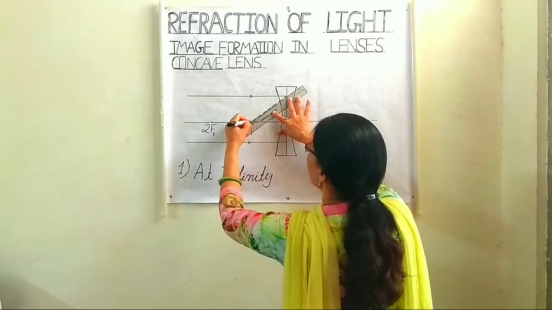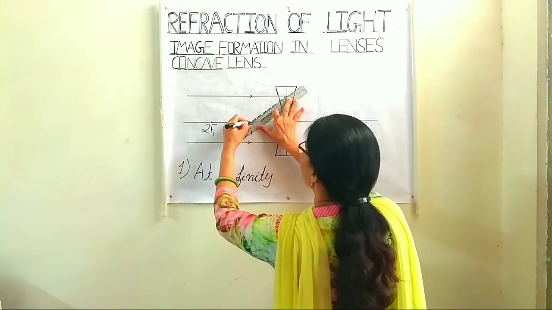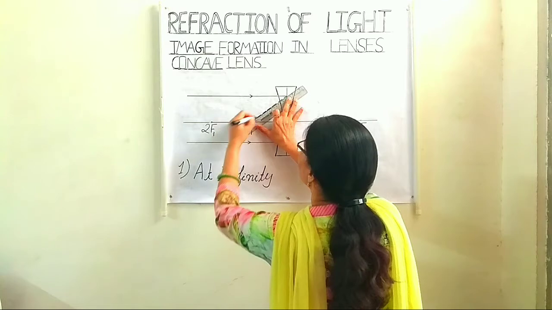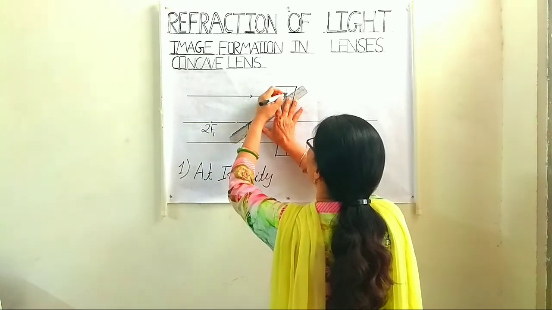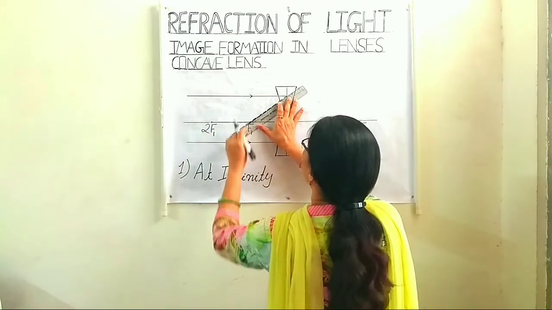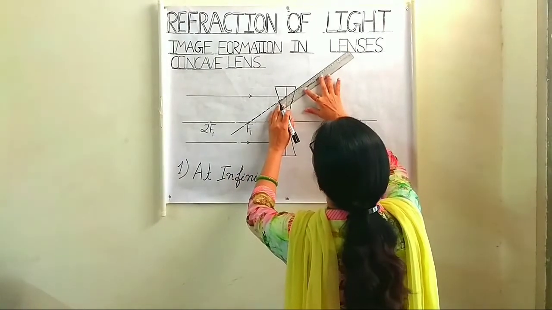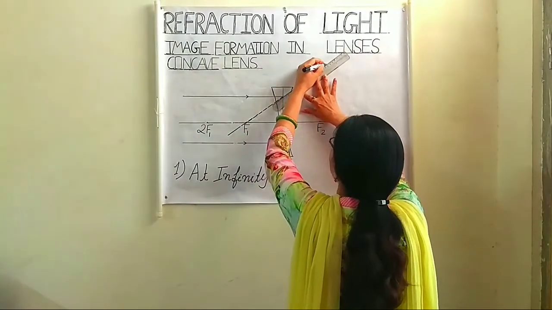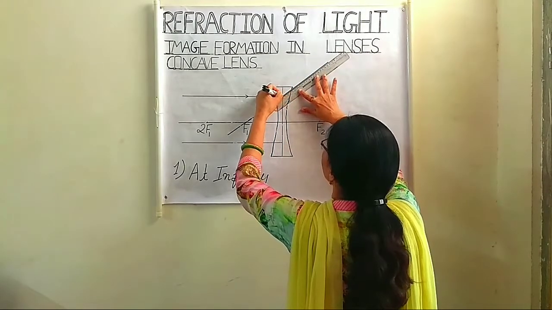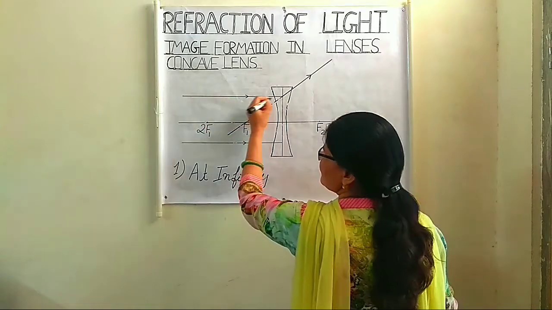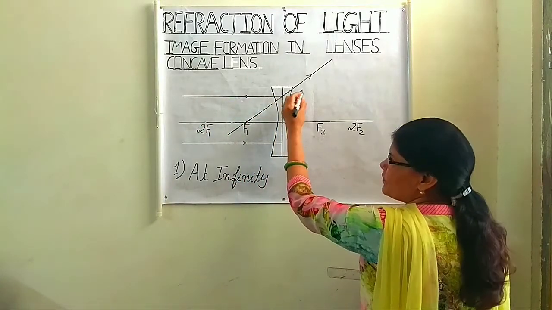It will pass through the principal focus like this, and we can extend this line on this side. This is the incident ray. After passing through the focus, this is our refracted ray.